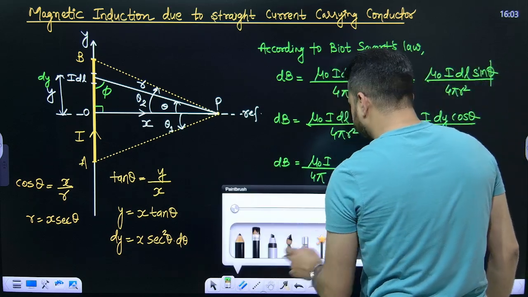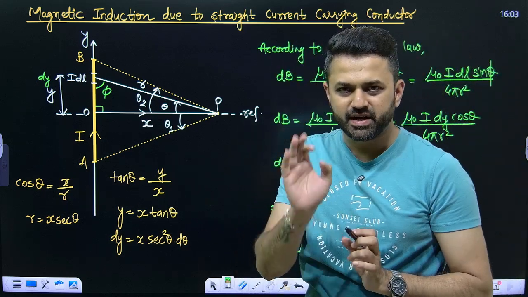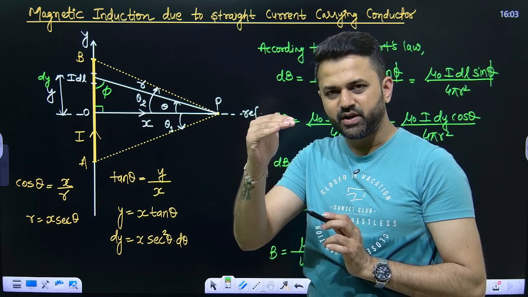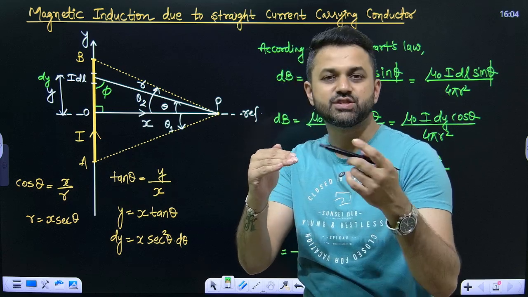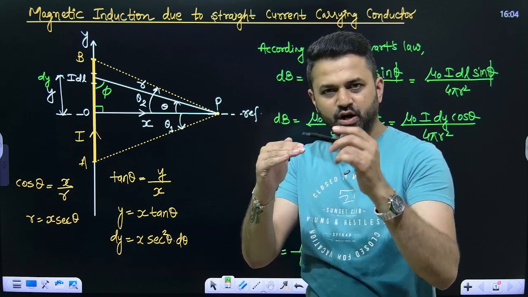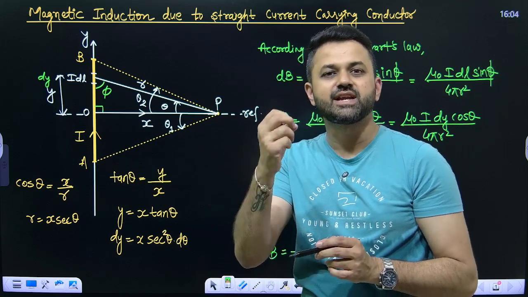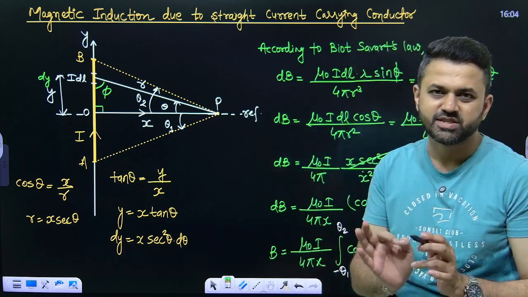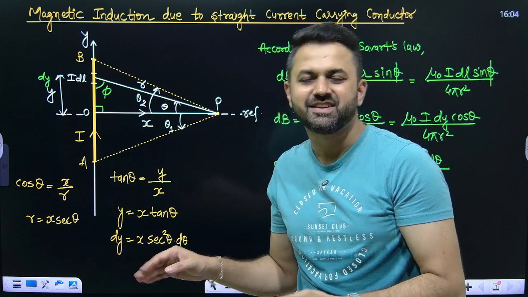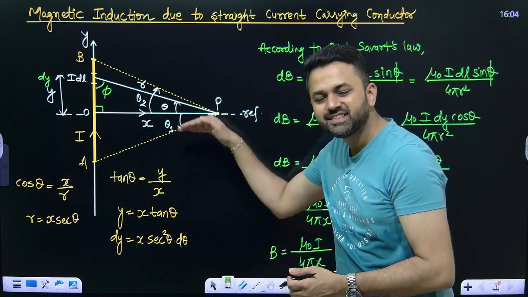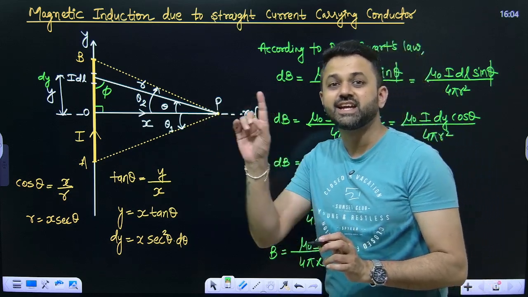Whenever you get this type of question, you have to see the perpendicular distance, and the angles of rotation from it. If the sense of rotation is different, downward and upward, then you can take the angles positive, because while deriving this expression we have already considered the direction of the angle, so you don't need to take the negative sign.